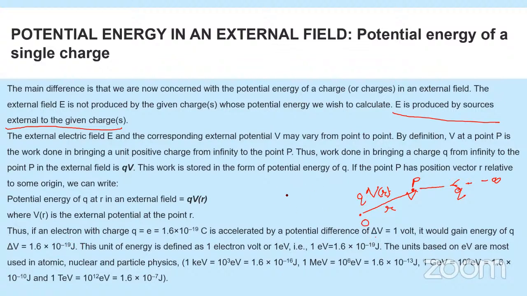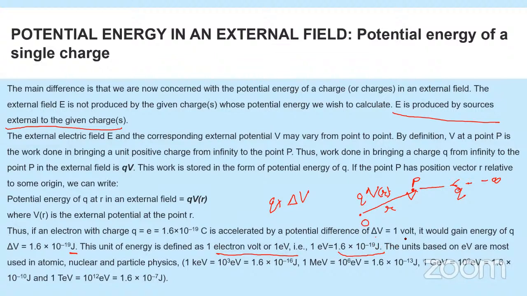If you multiply Q into ΔV, that is going to give you the potential energy, and energy is given in the units of joule. This is the work done and the energy. So the unit of energy is then defined as the electron volt, or 1 eV. 1 eV is equal to 1.6 × 10^-19 joules.